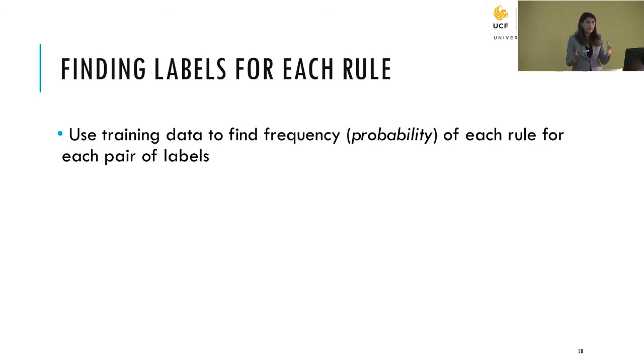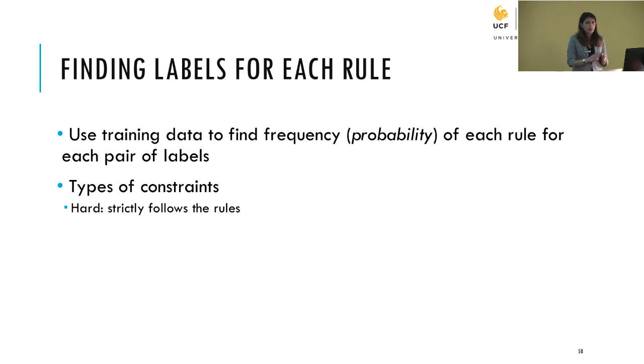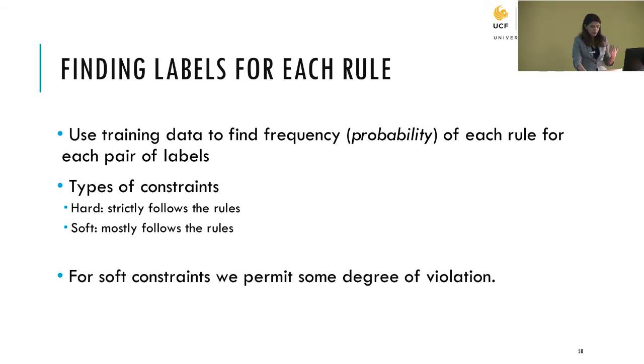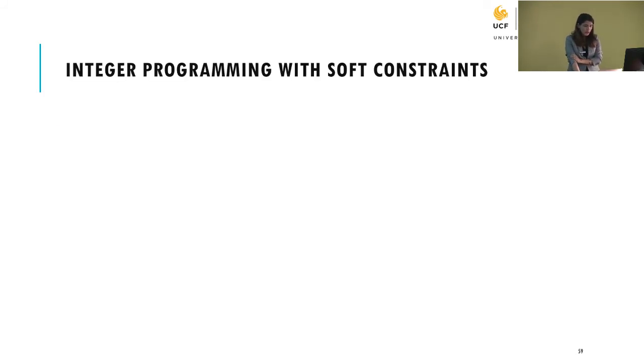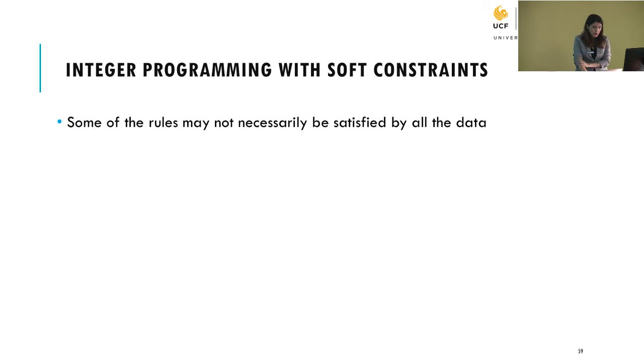Now we have to find the labels that follow those rules. For this, we use the training data to find the frequency or probability of each rule for each pair of labels. We have two kinds of constraints. One is hard, where the pair of labels strictly follows those rules. The other one is soft, where we allow some degree of violation. So now we have integer programming with soft constraints. We use this 0-1 constraint modeling.